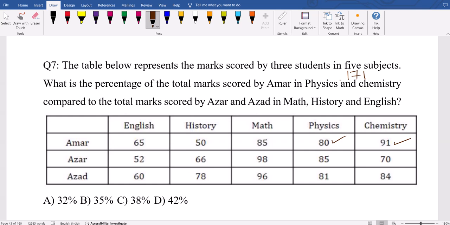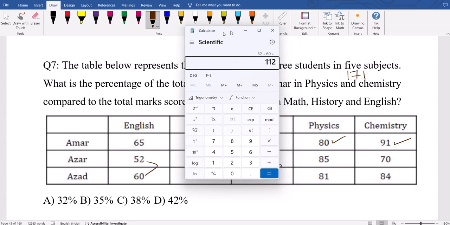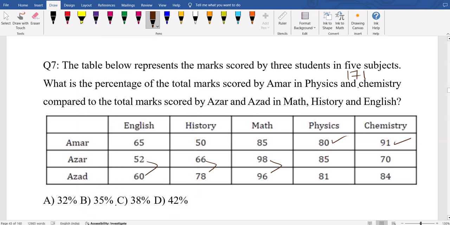Here 52 plus 60, 112, and here 66, then 78, then 98, then 96. 450 is the denominator.